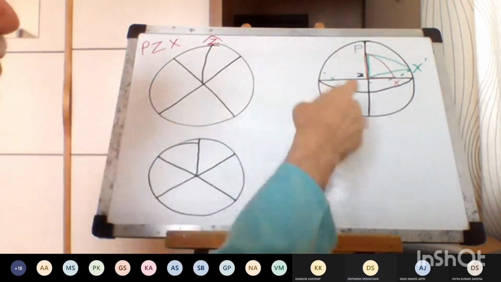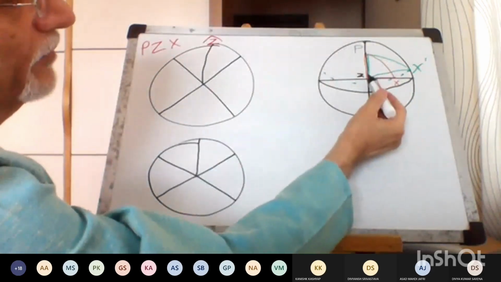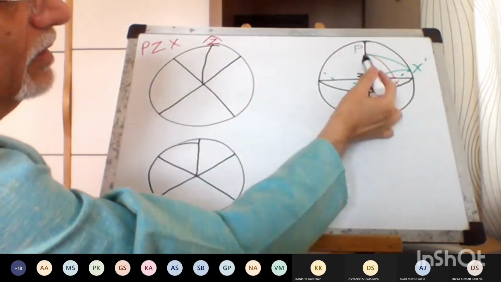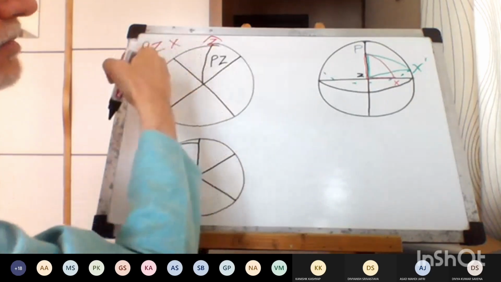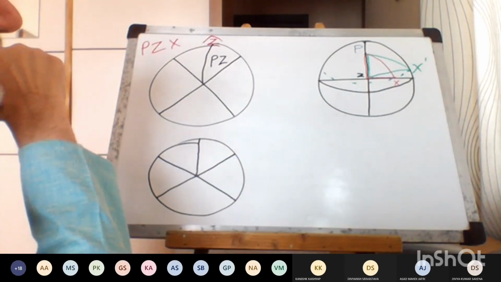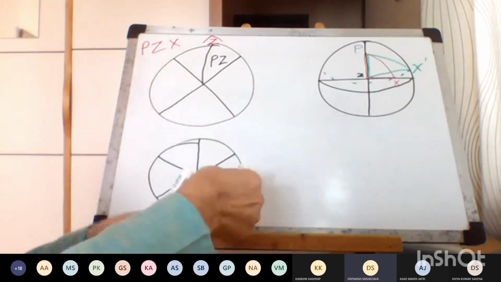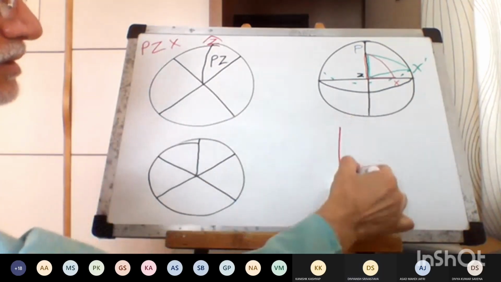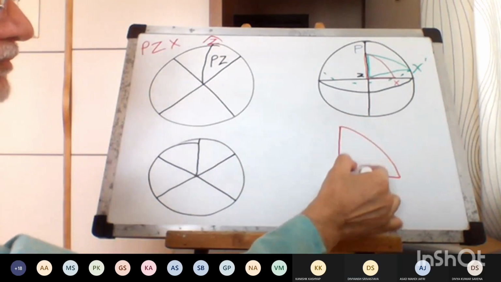If I'm going clockwise, after the angle Z, there is a side PZ. After PZ, angle P. I will draw it like this so that it's clear to you.